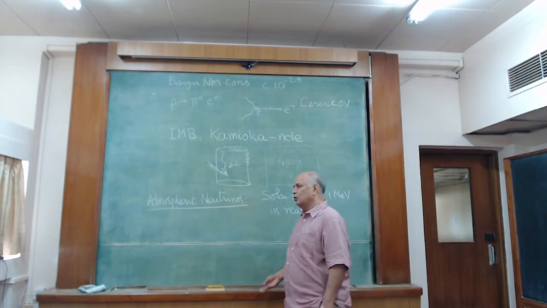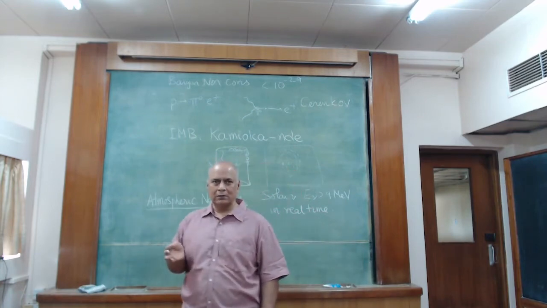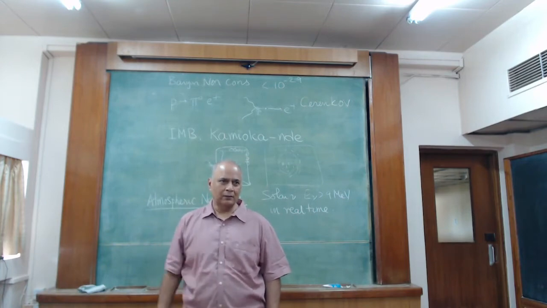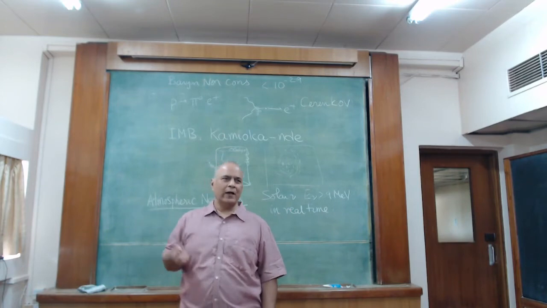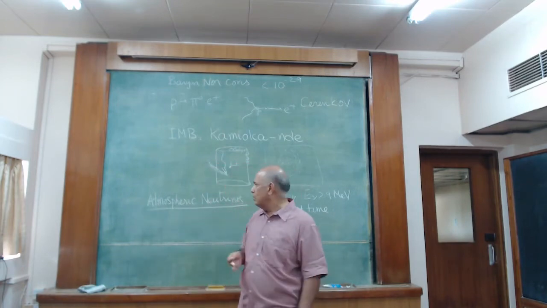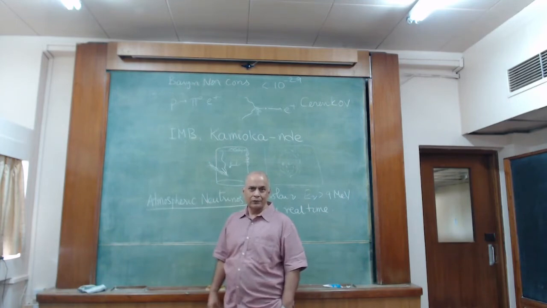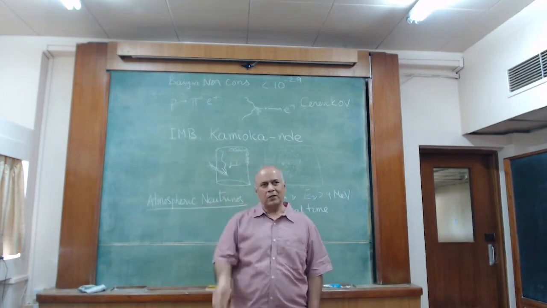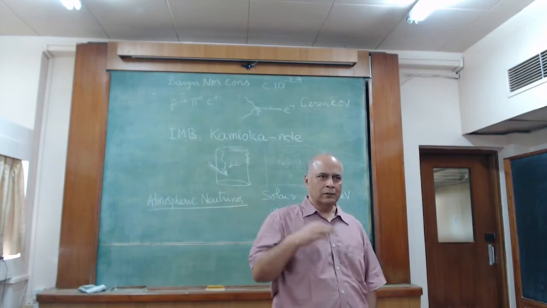But in order to do that, you have to calibrate your detector and make sure that the measurements you are making are correct. And one very obvious way you can calibrate the detector is through atmospheric neutrinos. We know that these atmospheric neutrinos are passing through the detector.